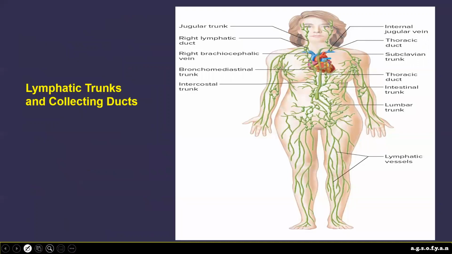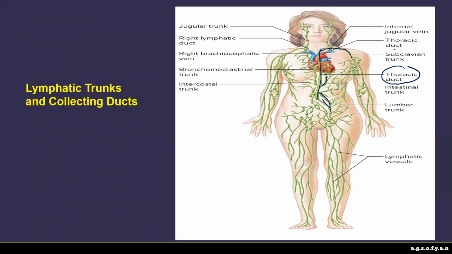Okay, look at this diagram. I'm going to show you the ducts first. Look at this bigger duct over here. This is the thoracic duct, and this thoracic duct receives lymphatic vessels from most of the organs in our body.